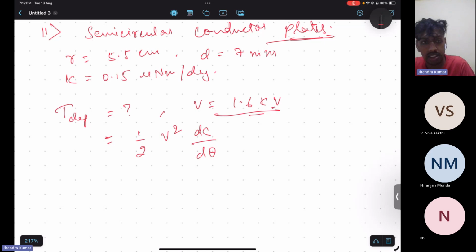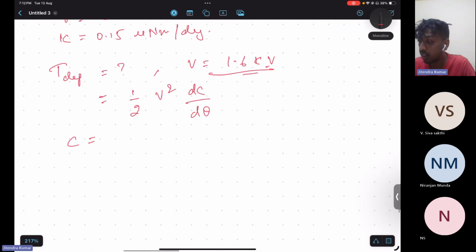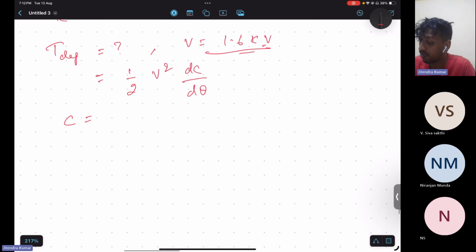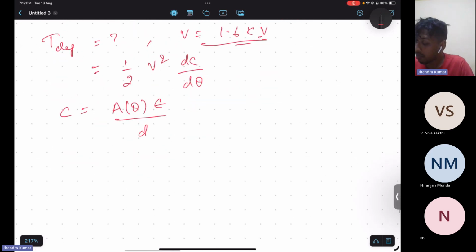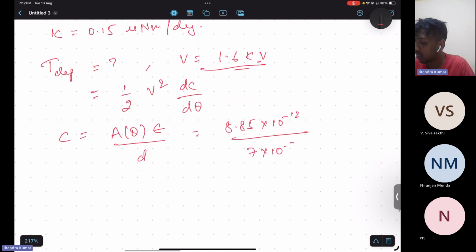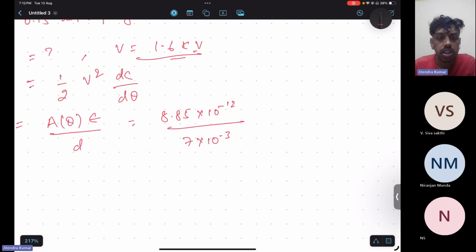C, capacitance, expression is nothing but A epsilon divided by D, where A is a function of theta, and I discussed in great detail how we have to consider theta. Epsilon we already know, 8.85 into 10 to the power minus 12. D is 7 mm.